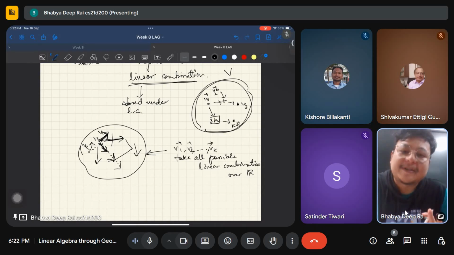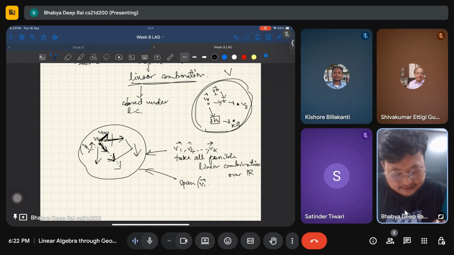This almost forms a vector space because you know now that this set is closed. No matter what linear combination you take, that vector will be inside this set. This set is also called the span of v1, v2, and so on.